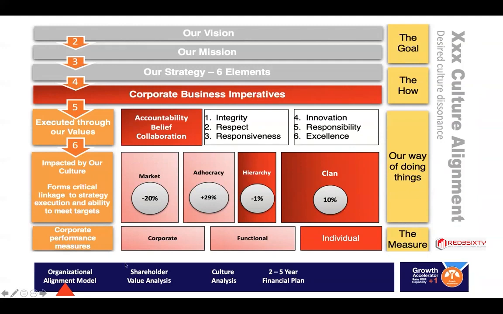So a very detailed look at the culture and then pushing that into corporate performance, meaning corporate, functional, and individual measurement of performance. So then we have the framework looking ultimately at what our goals are, how we are going to achieve those goals, our way of doing things, and the measurement of.